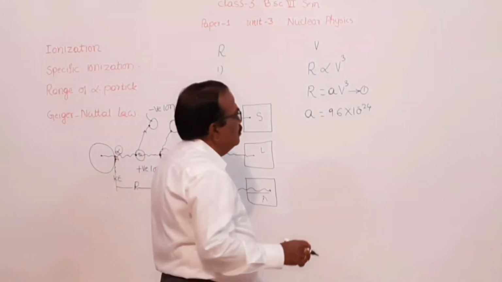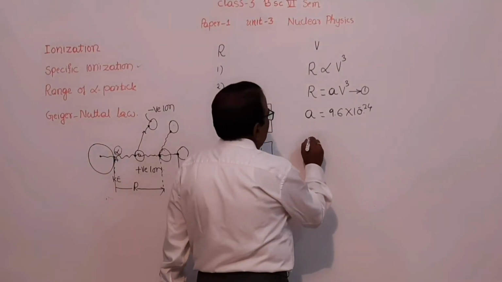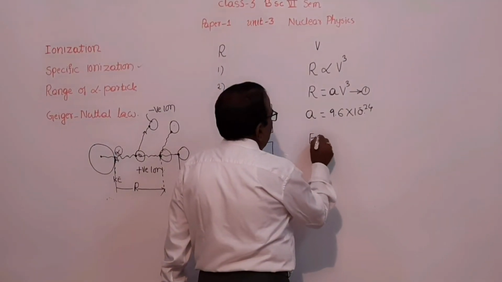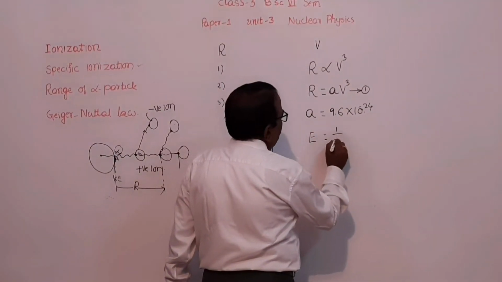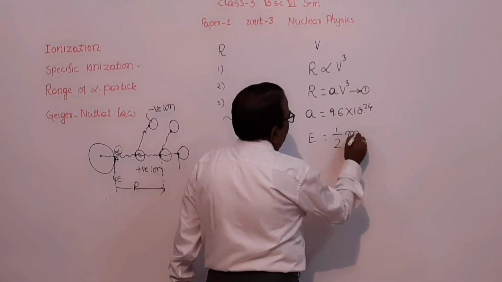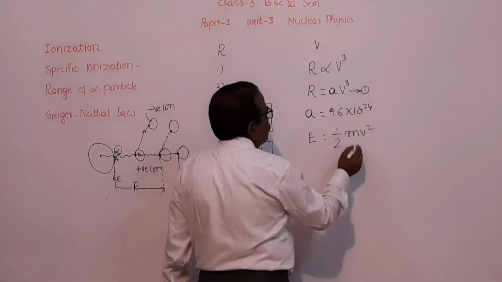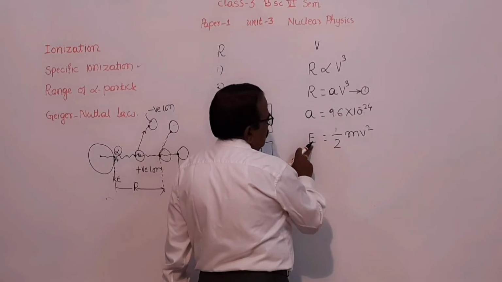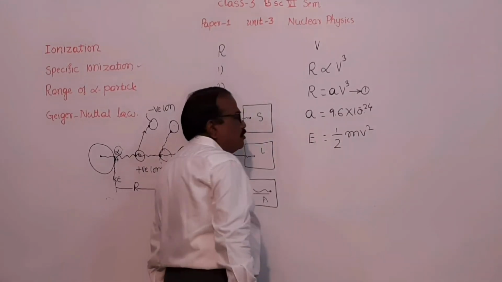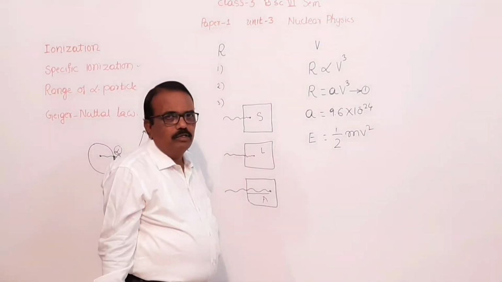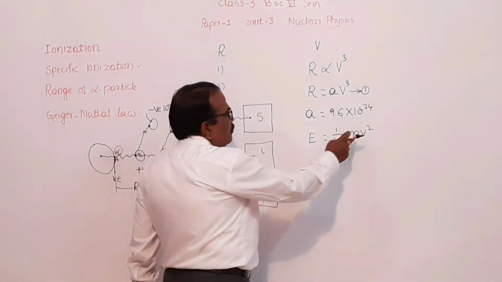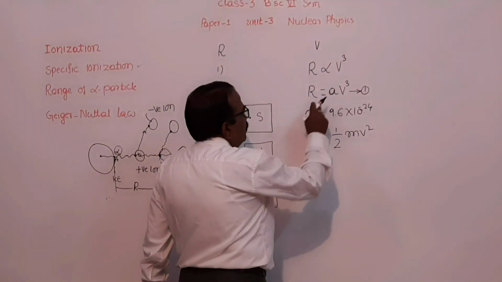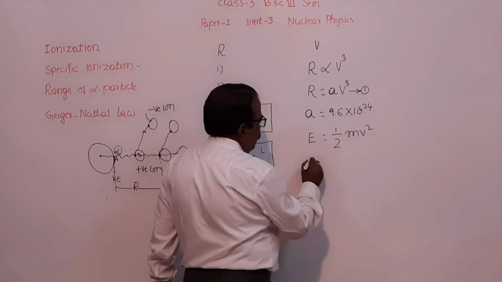And you know that the velocity and kinetic energy are related by E is equal to half mv square. That means energy is directly proportional to square of the velocity. From this relation, I can write another formula for range.